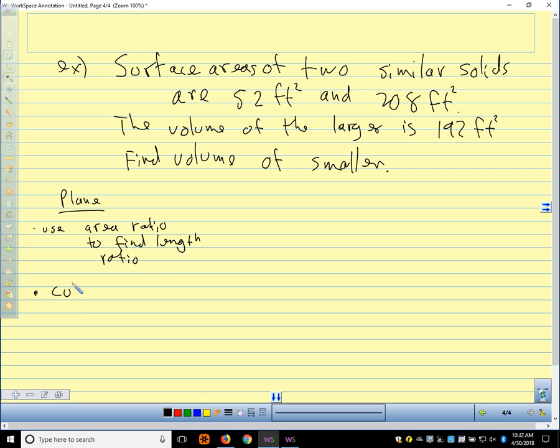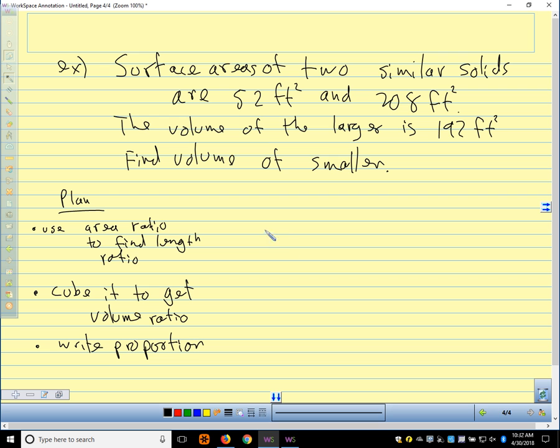We're going to cube it to get the volume ratio, because we know we cubed the length ratio to get the volume ratio. And then we're going to write a proportion with the information that the problem gives us.